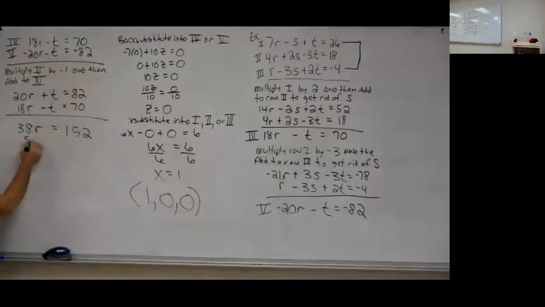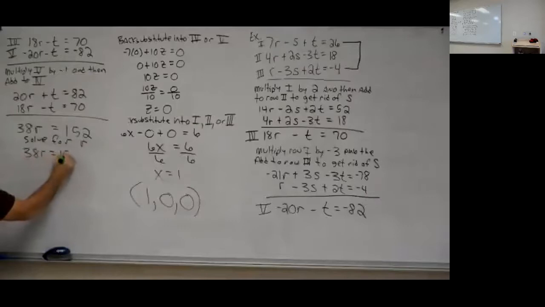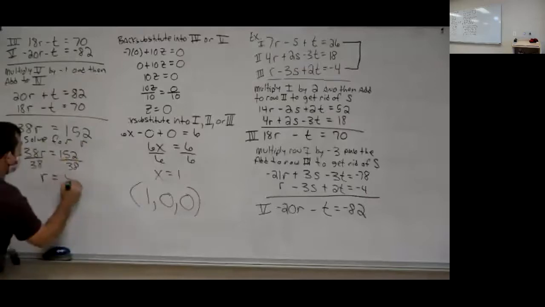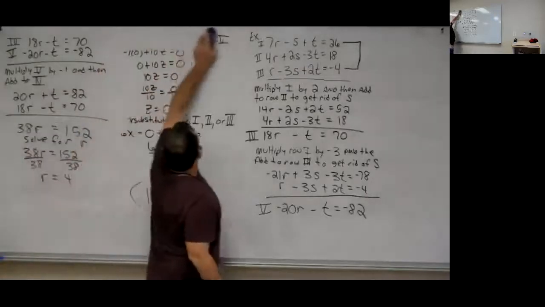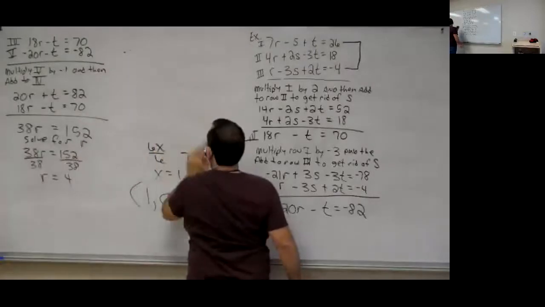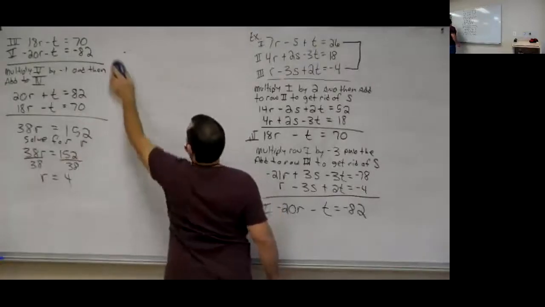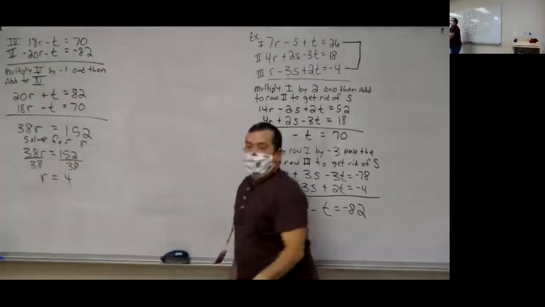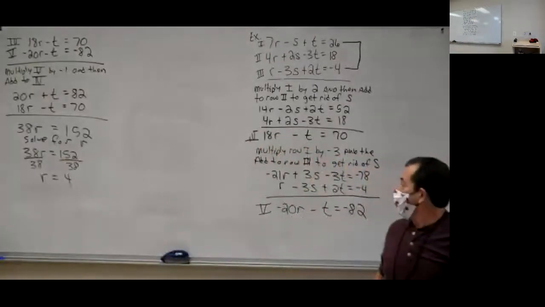We're now going to solve for the R. So it looks like I'm going to divide both sides by 38. So that cancels to get R equals. So y'all, 152 divided by 38. That's going to be an actual 4, perfect, right? We all got one variable, R equals 4.